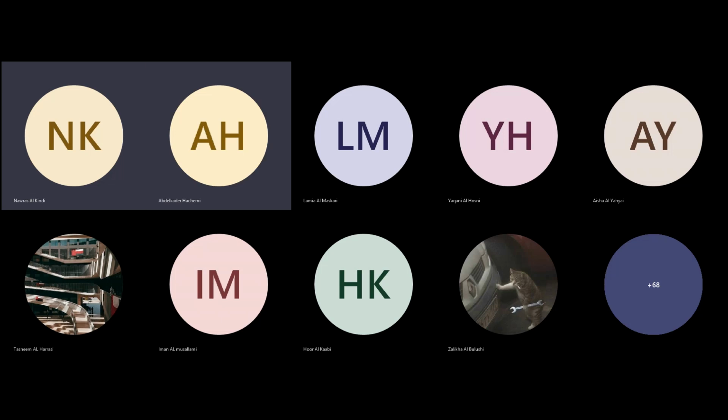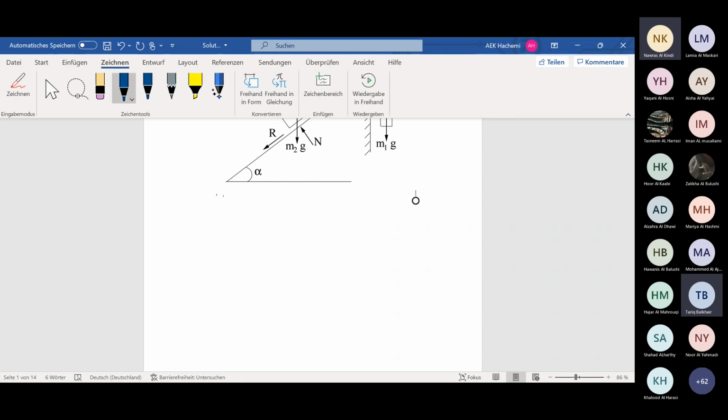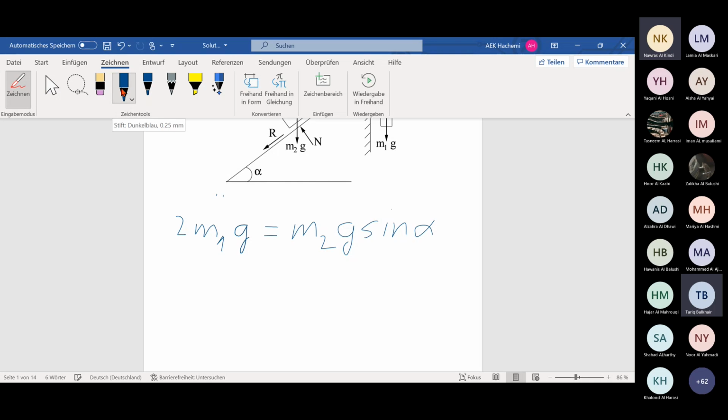Then we said that here, if we have 2 m1 g equal to m2 g sine alpha, in this case, when we look at m1, this is in equilibrium.